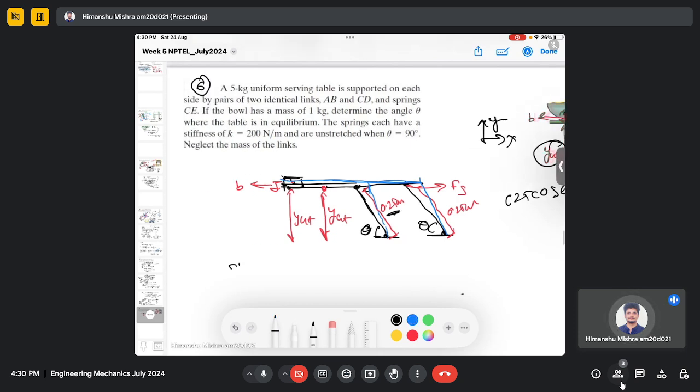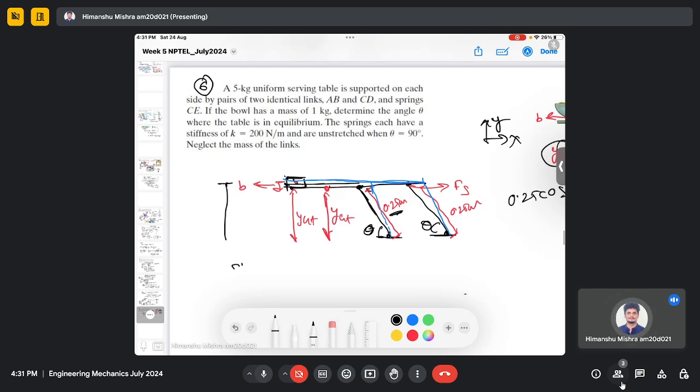Earlier the distance was y_Gt, but now there is a virtual displacement in the y direction, which is del y_Gb. And here there is a virtual displacement del y_Gt, and there is a virtual displacement in the x direction also, which is del x_C.